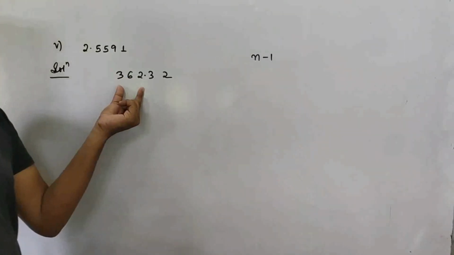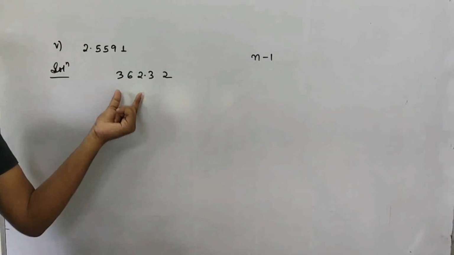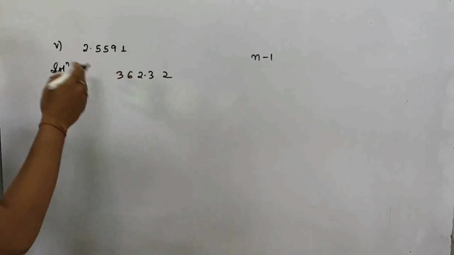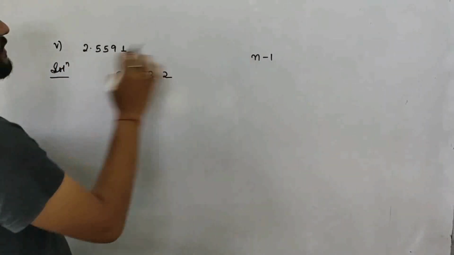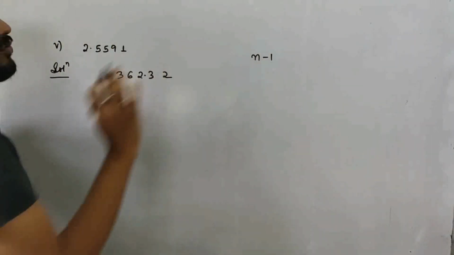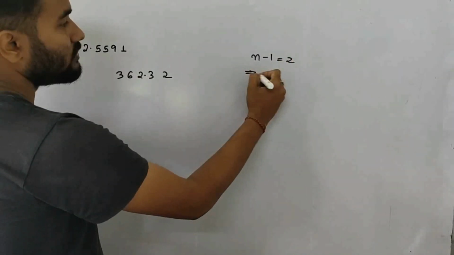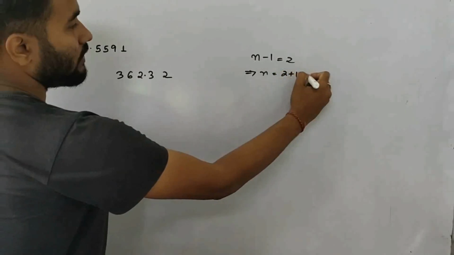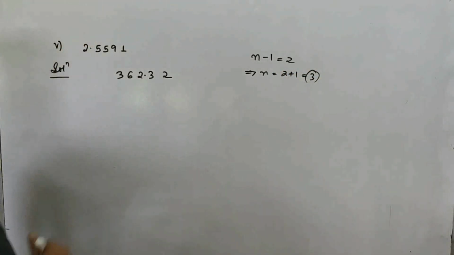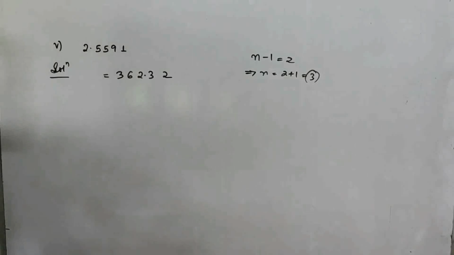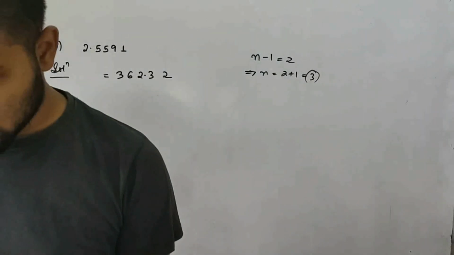How many digits are there in the integer section? 3 digits are there. Or when this formula will come, since there is no bar, the formula will be n minus 1. So you make this equal to 2, which implies n will be equal to 2 plus 1, 3. So 3 digits are there, okay? 362.32. What is your answer?